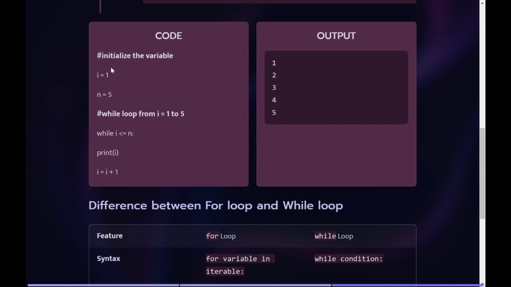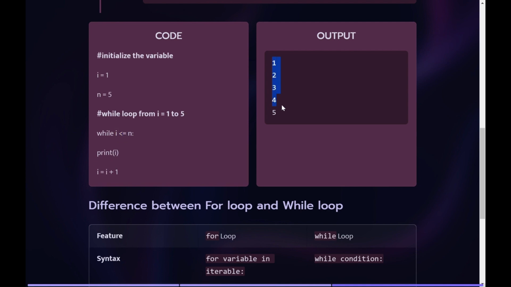I'm going to print 5 numbers, and I'm incrementing it inside the loop as well. So until the condition fails, until i goes to 6 and 6 less than or equal to 5 comes and the loop breaks out, we'll be printing from 1 to 5.